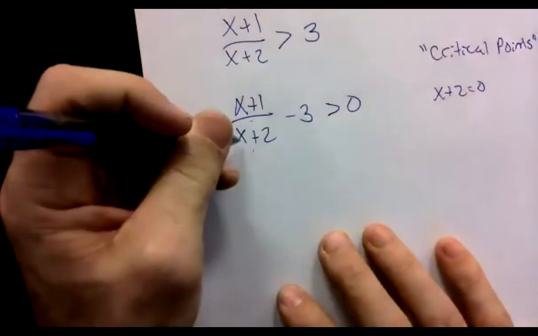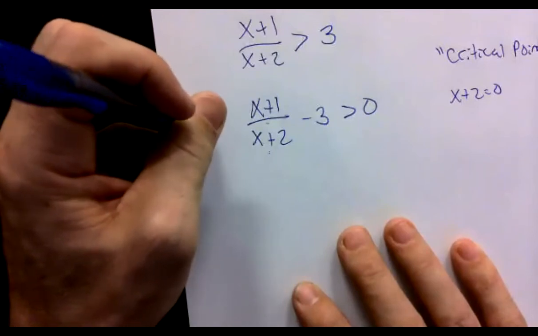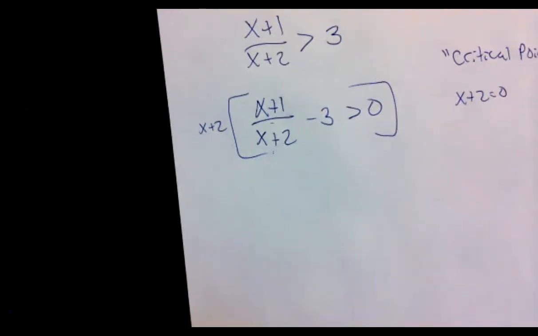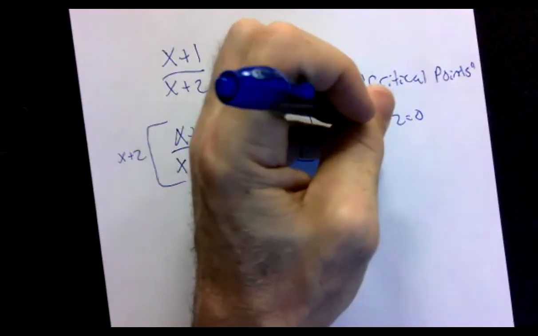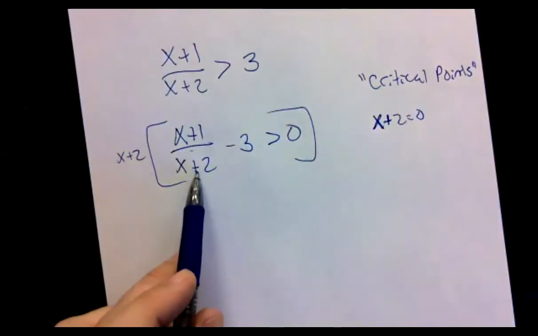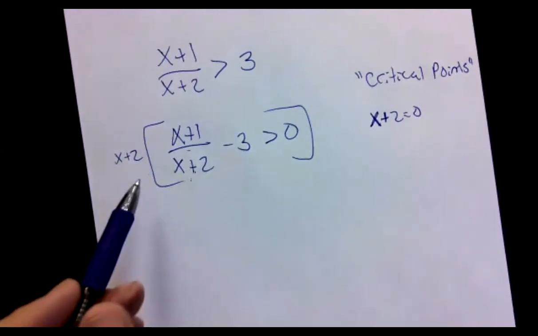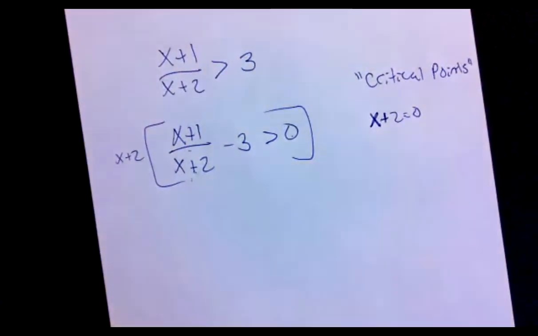The way we do that, we've got to get rid of the x plus 2 on the bottom. So we've basically got to take x plus 2 times everything. Anything that causes division by 0 is going to be one of those critical points, but we also got to figure out what makes this whole thing equal 0 to find my other critical point.